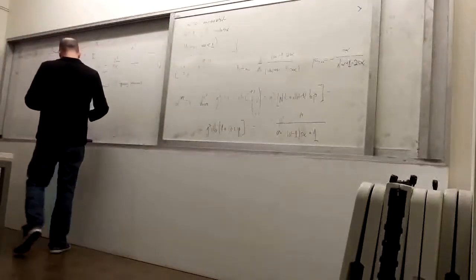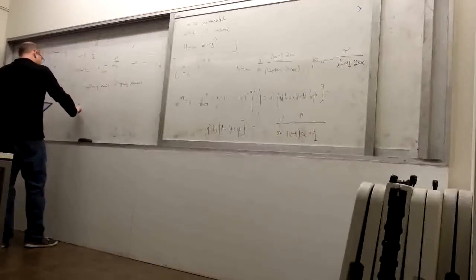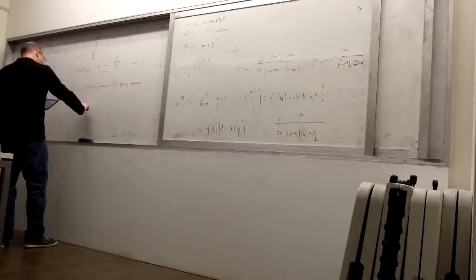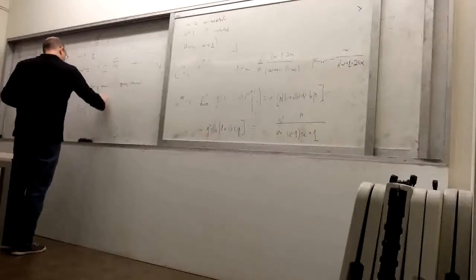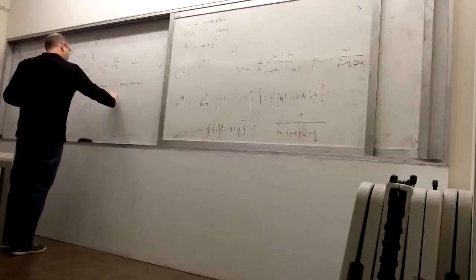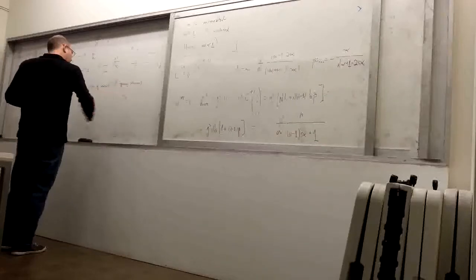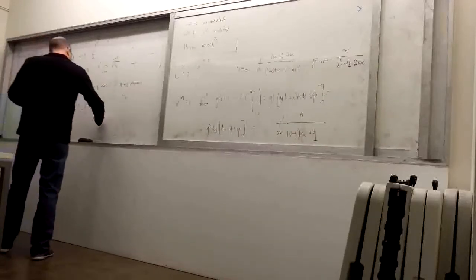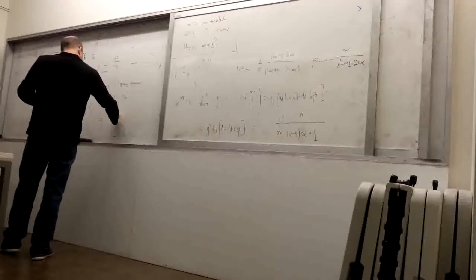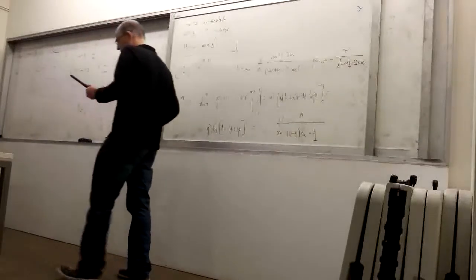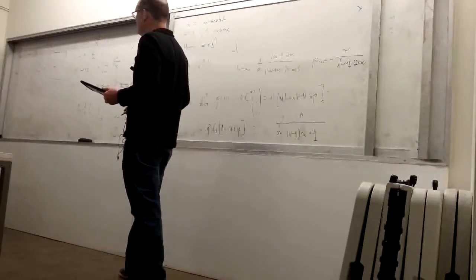So my model would be that g_i, which remember is f_i plus minus f_i minus, is some number for half of the neurons. I assume the number of neurons is even, and it's opposite for all the other ones. Okay?